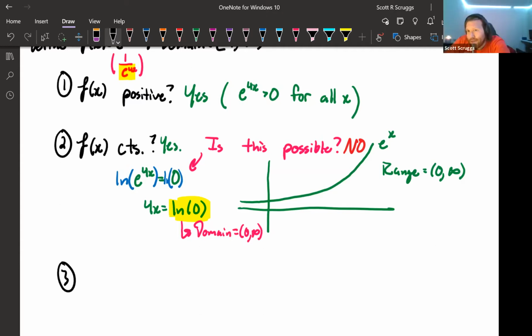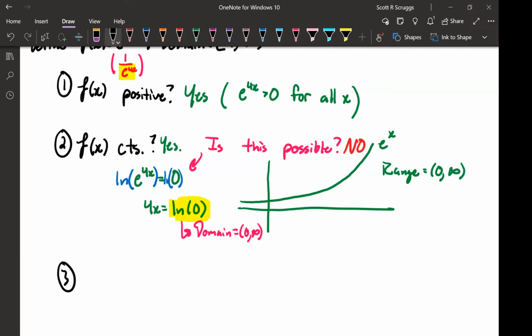Right. So I set it equal to 0 to see if there was a problem point. And if there was a problem point, I wanted to verify that it was not in the domain. So that's why I set the denominator equal to 0, to essentially say, does my function have a point discontinuity? And if so, is it in my domain?